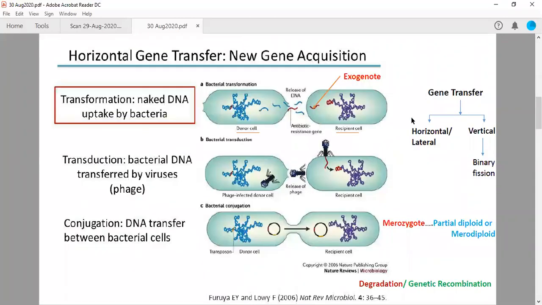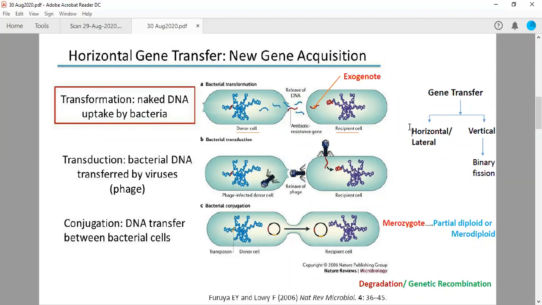So first of all, gene transfer can be of two types: horizontal, also called lateral, and the second type is vertical gene transfer. As I told you, vertical gene transfer can only happen from parents to offspring in eukaryotes, but in bacteria it happens during binary fission or budding.